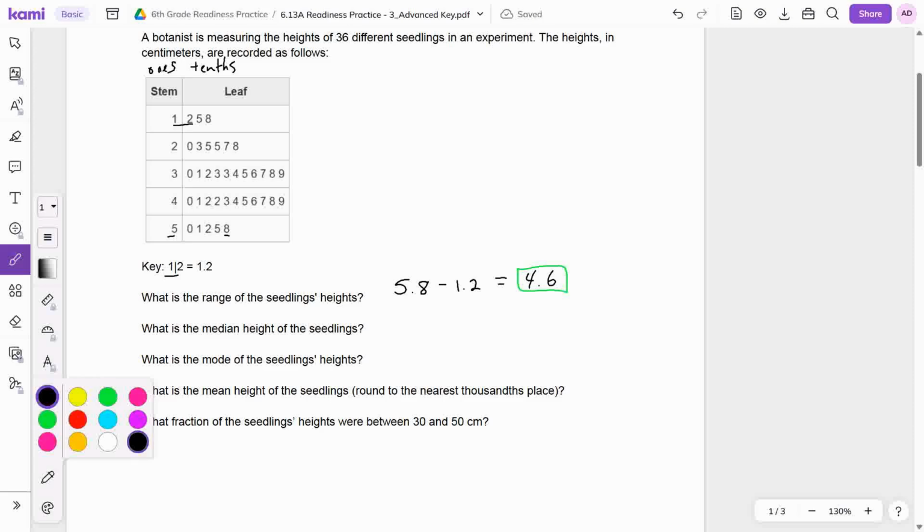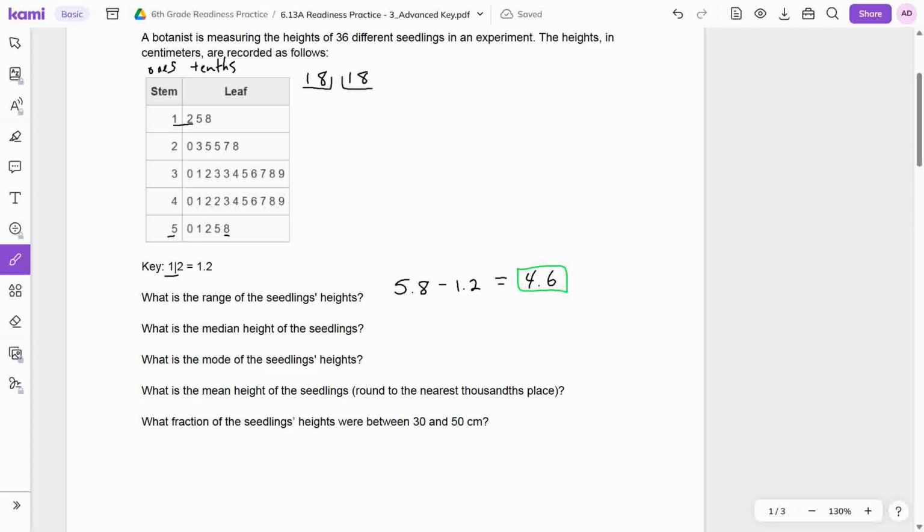Now the median height, all right, well, there are 36. So what I'm thinking here is if there are 36, there's going to be 18 on one side, 18 on the other side, right? And then my median, because that 18 is half of 36, right? So the median is going to be right between those two.